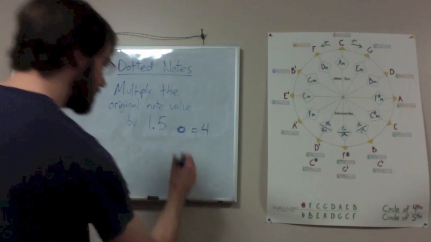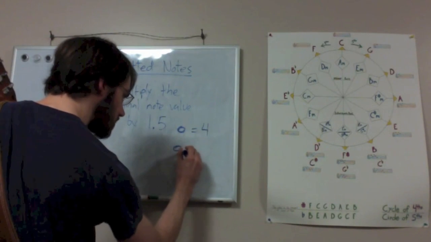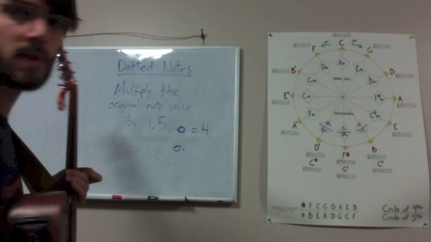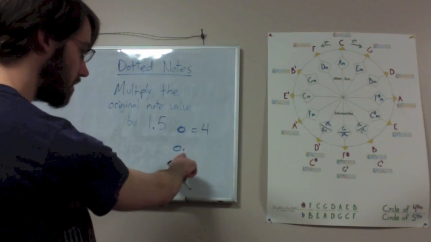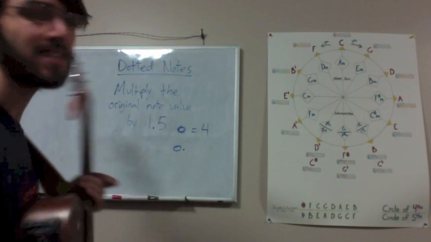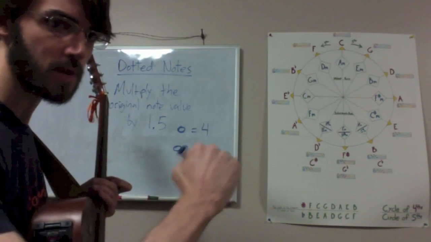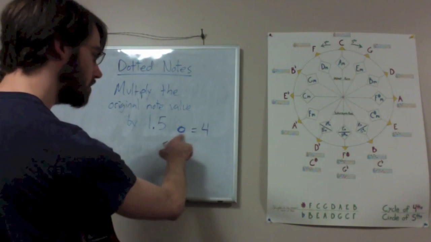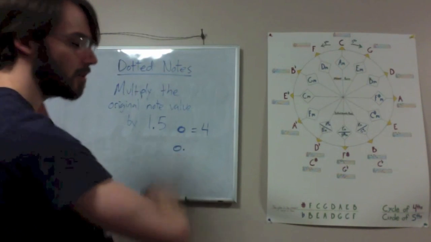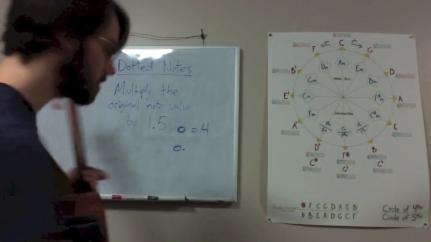Now let's take this whole note and stick a dot right next to it. And that's key because there are different kinds of dots in music. The dot we're talking about always goes to the right of the note, right next to it, almost like a period. Alright, so this is a whole note. It lasts for 4 beats. This is called a dotted whole note.